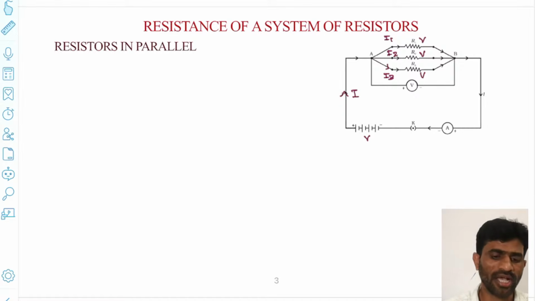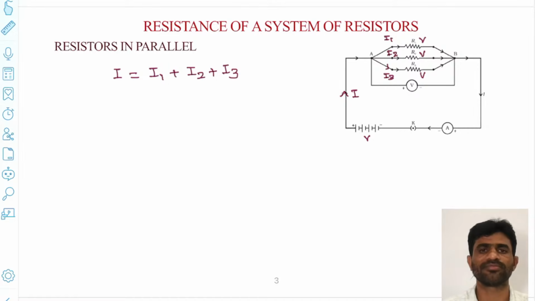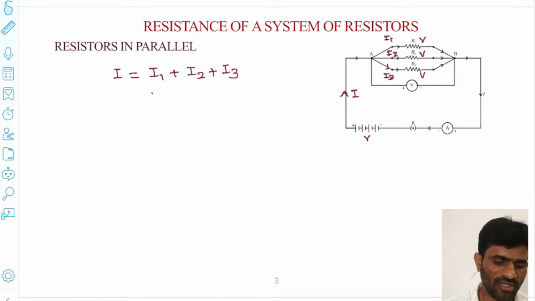Because I is divided, we write I is equal to I1 plus I2 plus I3. Now again, we know the formula V is equal to IR.